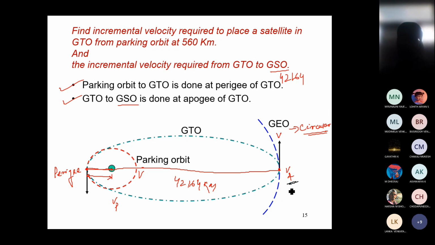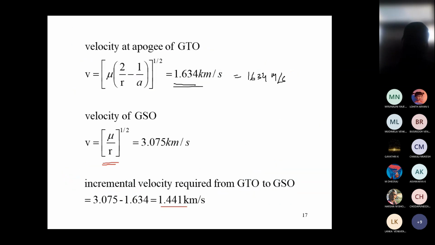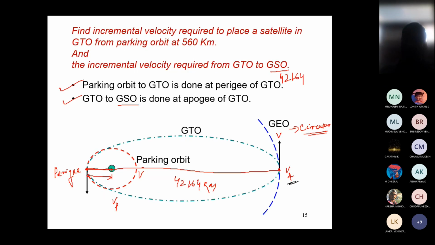That means when the satellite is moving in GTO orbit, look at it again, because this formula we have used is for elliptical orbit. This formula is for elliptical orbit. Okay, and we have calculated that at this particular location.